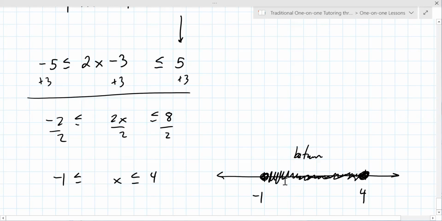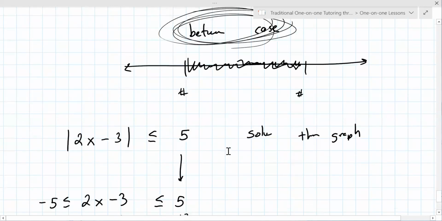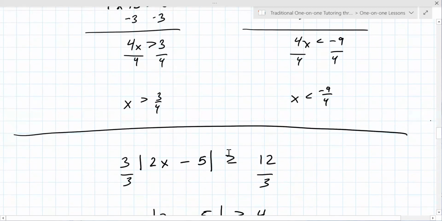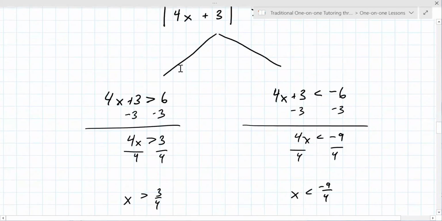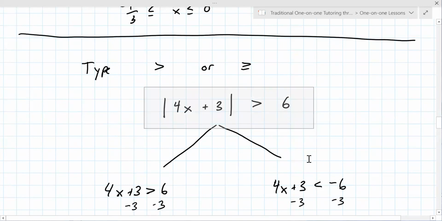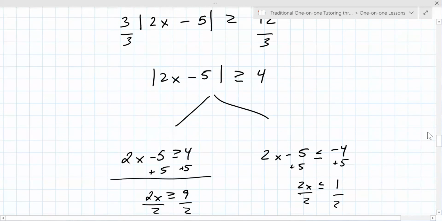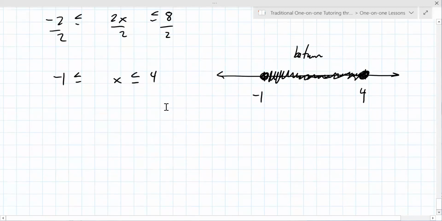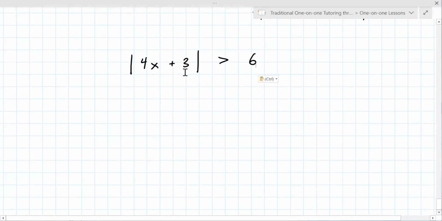All right. Now let me go grab one that we did that was a greater than. Let me see if I can find that first. Okay, so we did this one here. When it's greater than or greater than or equal to, we have to make the two forks. So we're going to solve and graph this problem now.